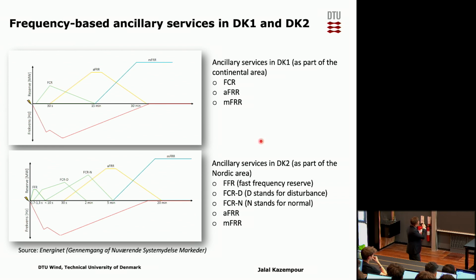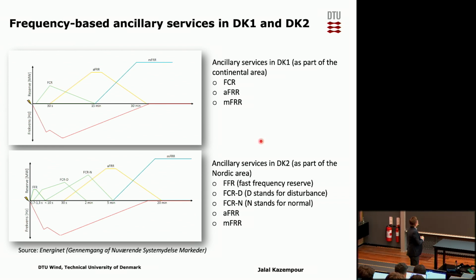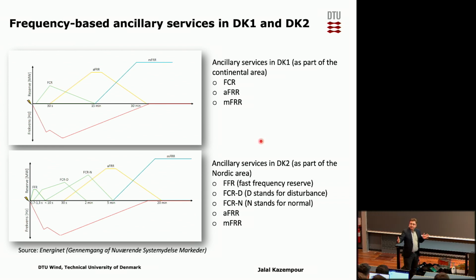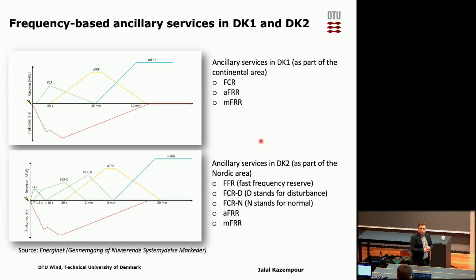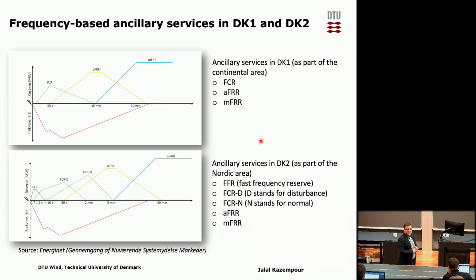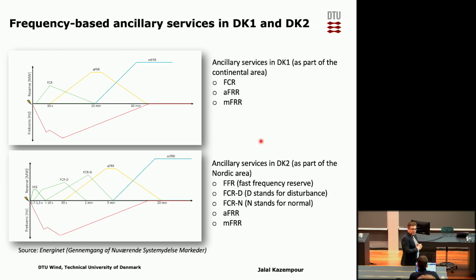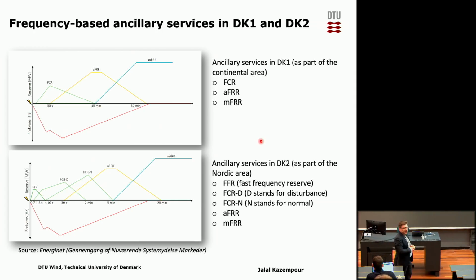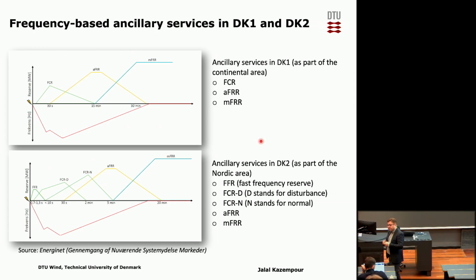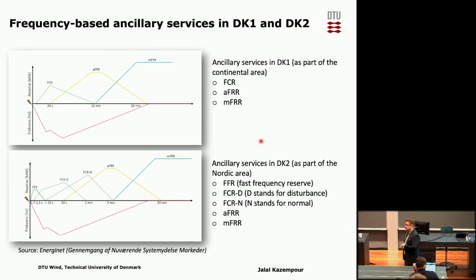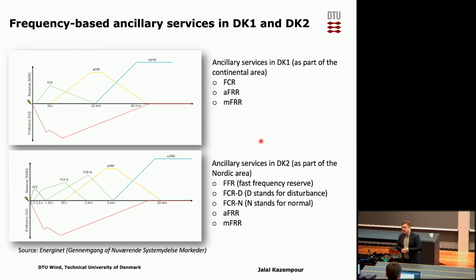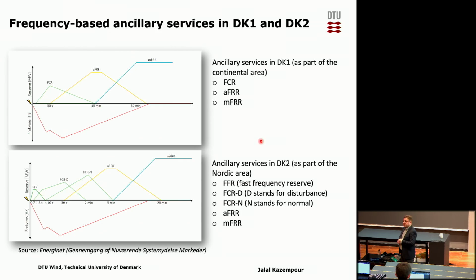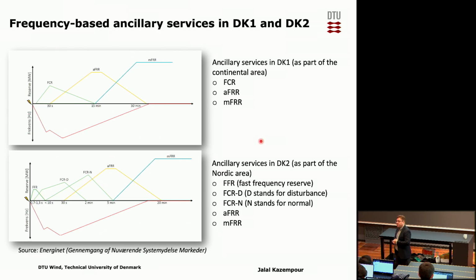In the upper plot, you can see the range of activation and the ramp-up for every service. Whenever something happens, first FCR, an automatic service, is activated. It's a very fast service, activated automatically just by measuring frequency. Then aFRR, which is also an automatic service, and then mFRR, which is the manual service. It should be activated by the system operator.